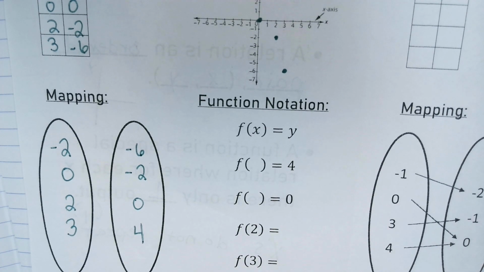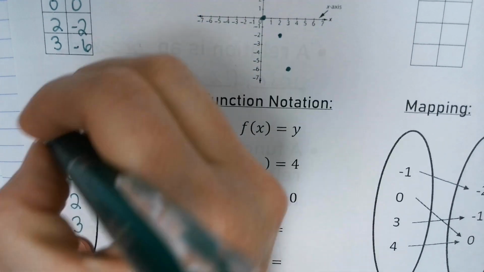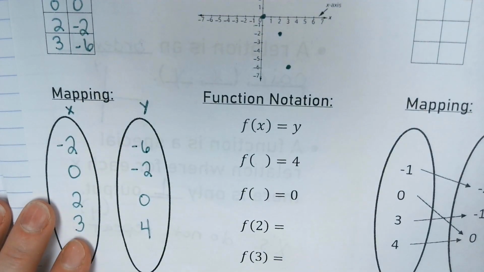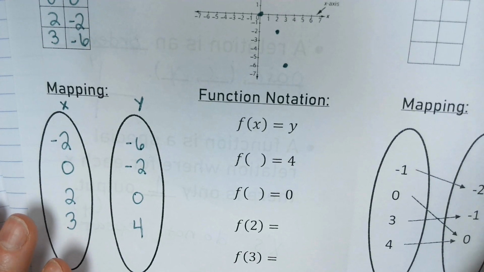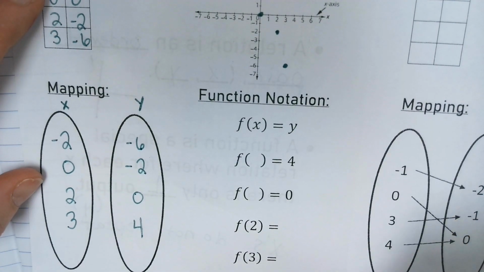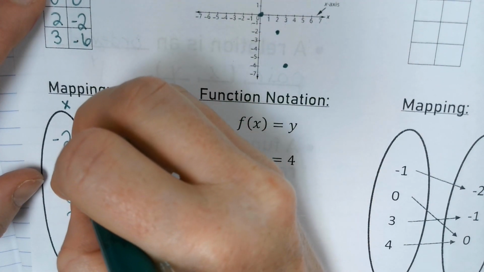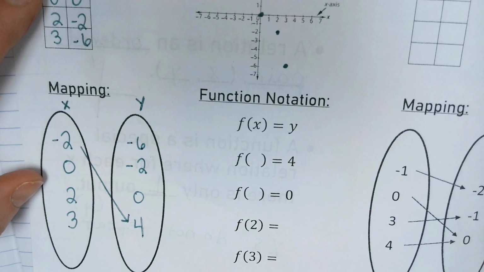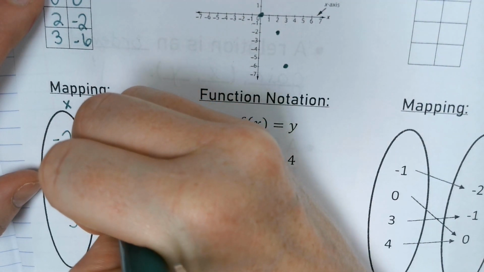Then for mapping, we draw a line from the matches, basically from the x, because these are your x's, these are your y's. So let's draw a line. So -2 to 4, that would be our first line. Then 0 to 0.